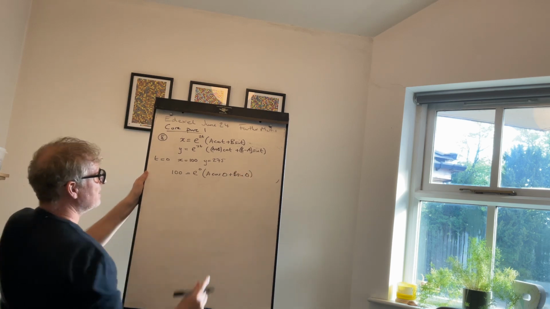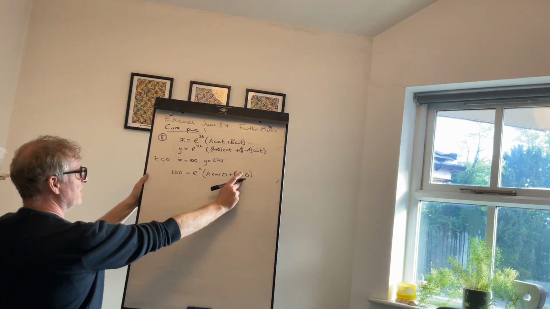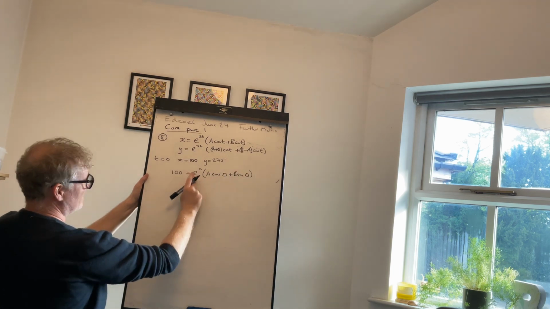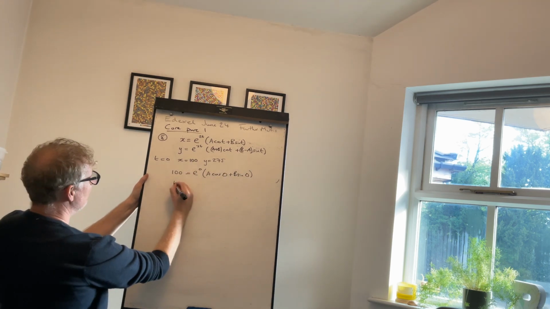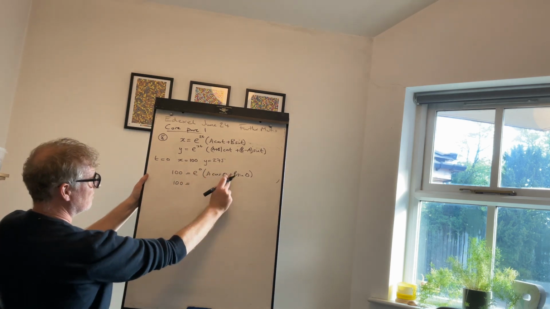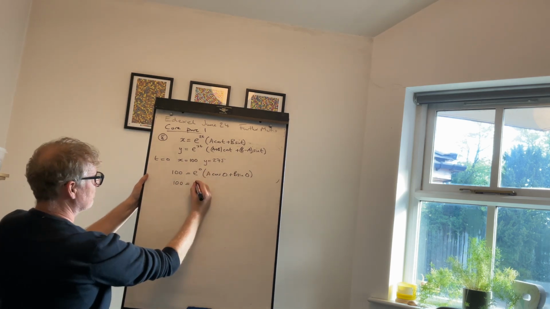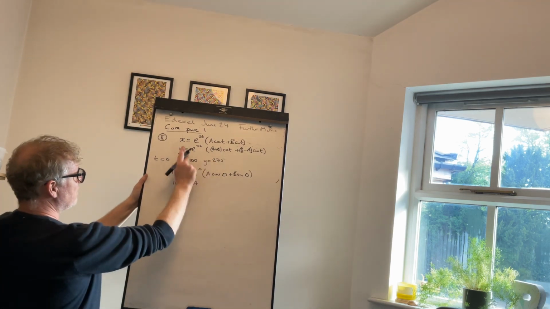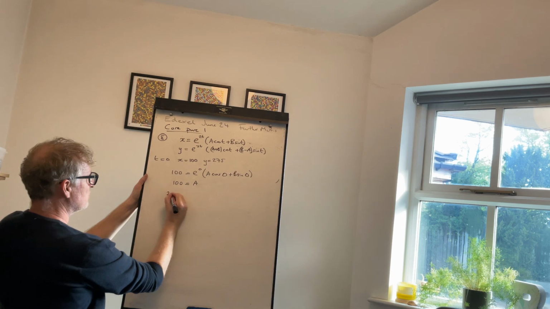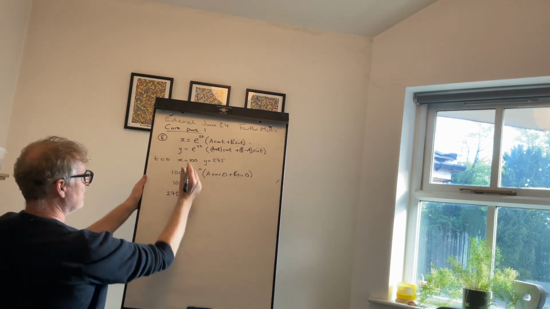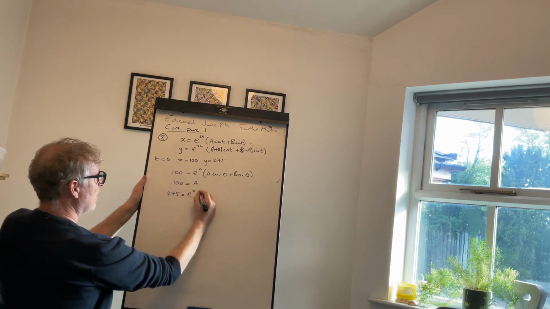And we obviously know sine of 0 is 0, cos of 0 is 1, e to the 0 is 1, so we're just going to end up with 100 equals 1a, nothing, so 1a, so a is 100. Put the 275 in for y, so we're going to get 275 equals, again, e to the 0.